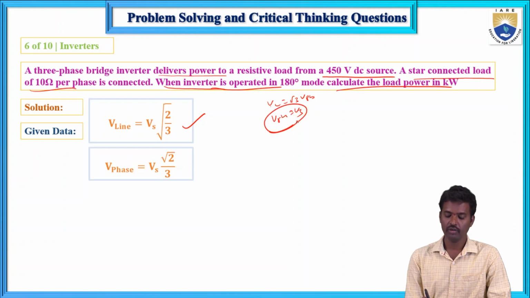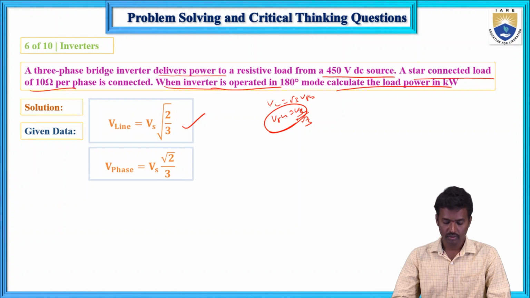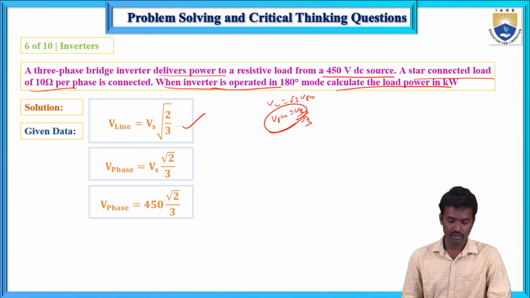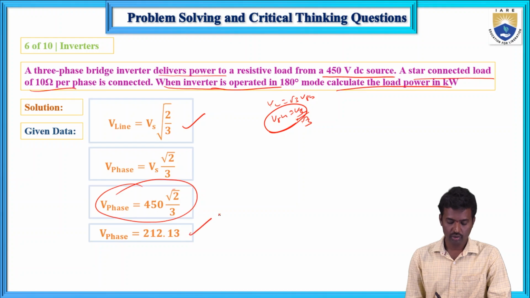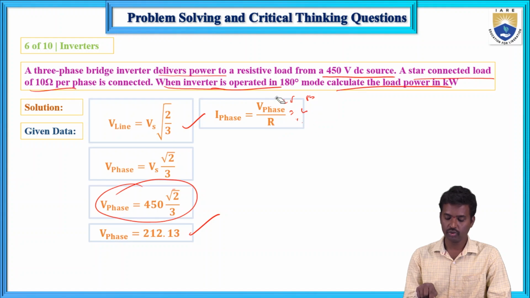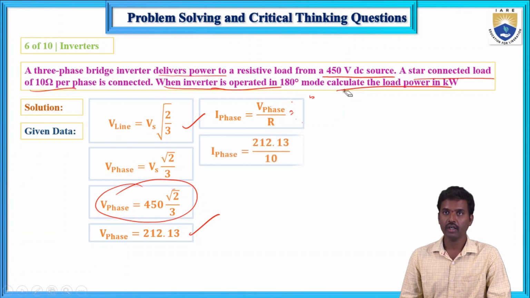So VL by root 3 means this value equals Vs into root 2 by root 3, and that value is the phase voltage, 212.13. The phase current equals the phase voltage divided by R, 212.13 by 10 ohms, and this value equals 21.21.